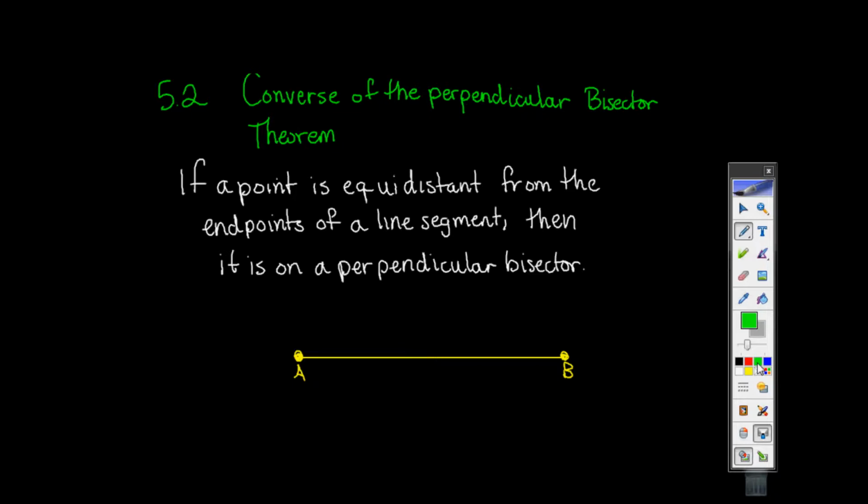If I take a point, say right there, and this point happens to be the same distance to there and to here, so this distance is the same as that distance, that means that this point is on a perpendicular bisector.